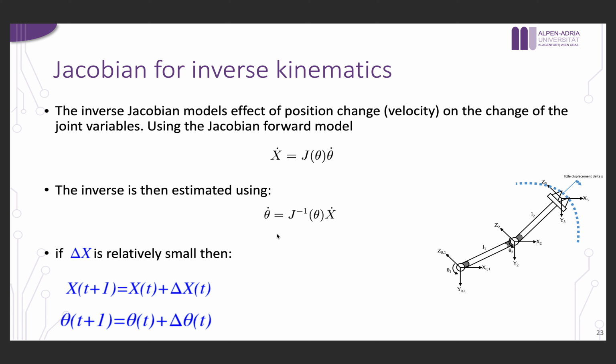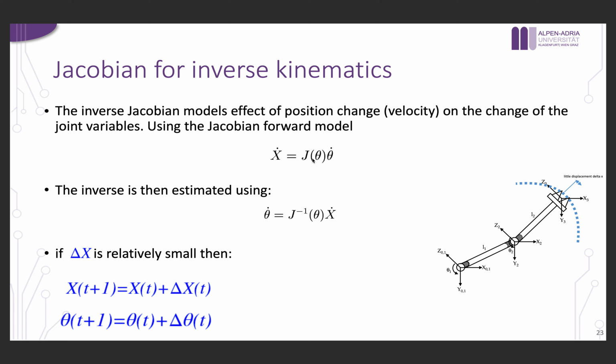If dx is relatively small, then we have the change of x equal to x(t) plus delta x. So the velocity here, if we can find it, and this is theta, the same for theta. The main thing that we need to find here is that we need to invert.